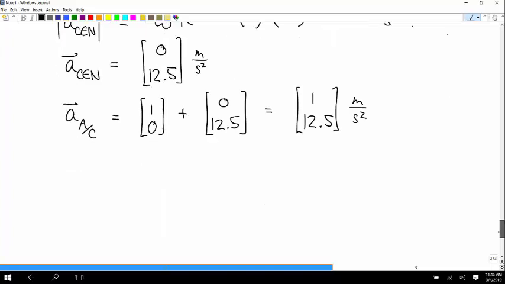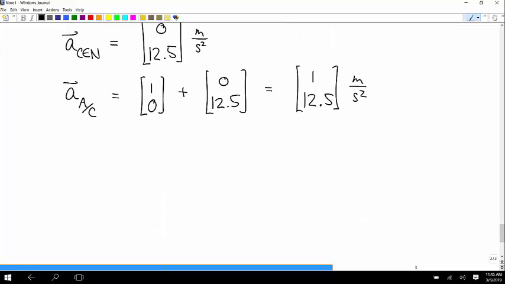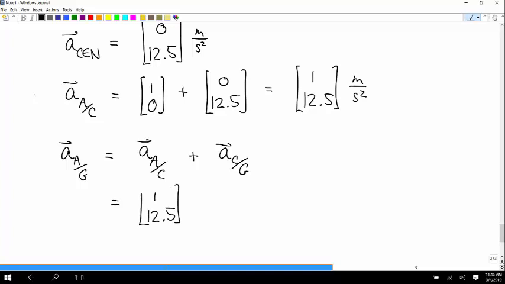And now put that back into the relative motion equation. So the acceleration of A relative to the ground is equal to the acceleration of A relative to the center plus the acceleration of the center relative to the ground. And that is 1, 12.5 plus negative 1, 0.